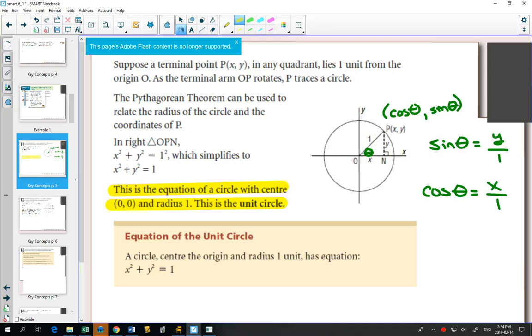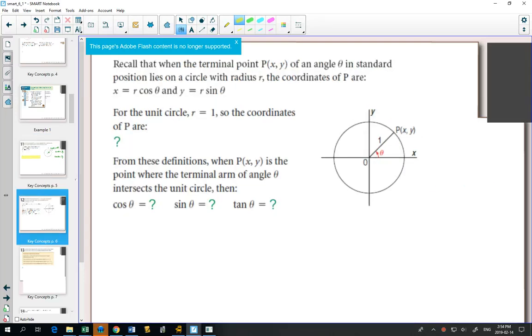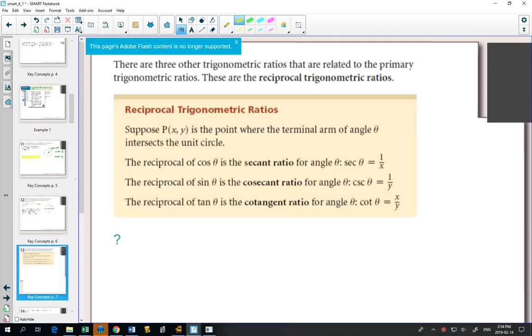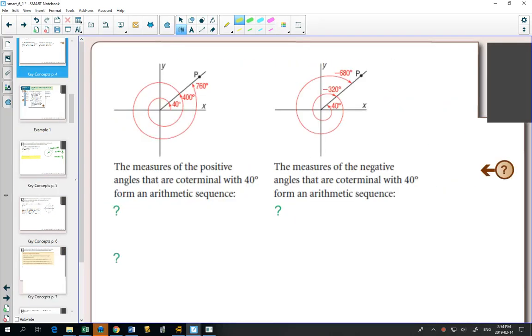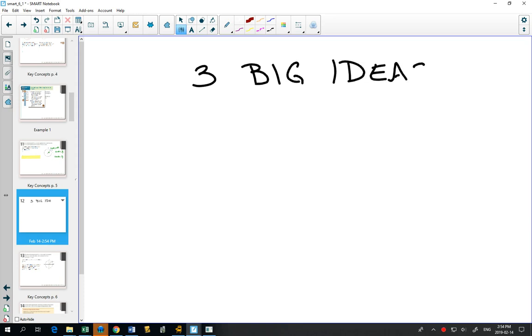And if you turn your page, at the bottom of your next page, there is some space. In that space, I want you to label 3 big ideas, because these 3 big ideas sort of push us through this whole unit.